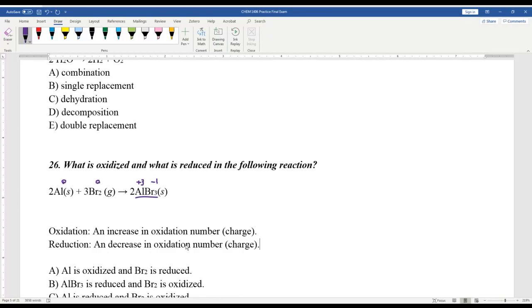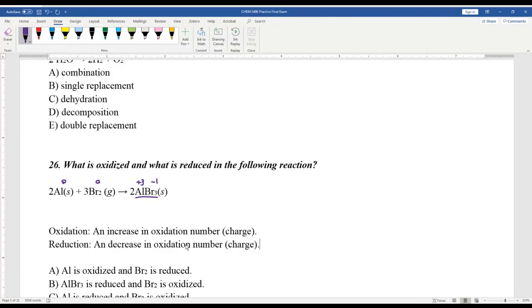Anytime you've heard reduction in everyday life, it's always something associated with a decrease. So reduction in the workforce is a decrease in the number of jobs. A reduction in pay means you're not getting paid as much. So a reduction is always a decrease in some way. And the reason why it's called reduction is because you're decreasing the charge, you're decreasing the oxidation number.